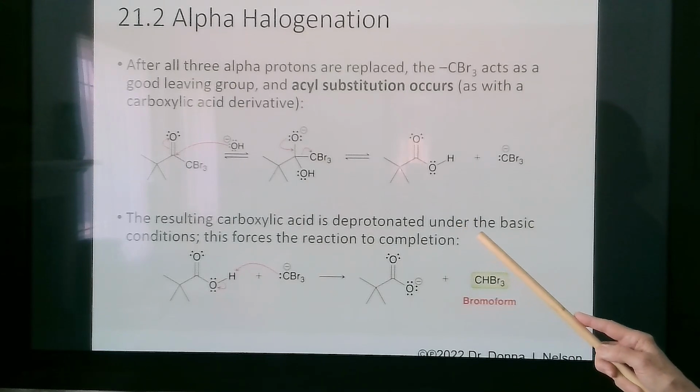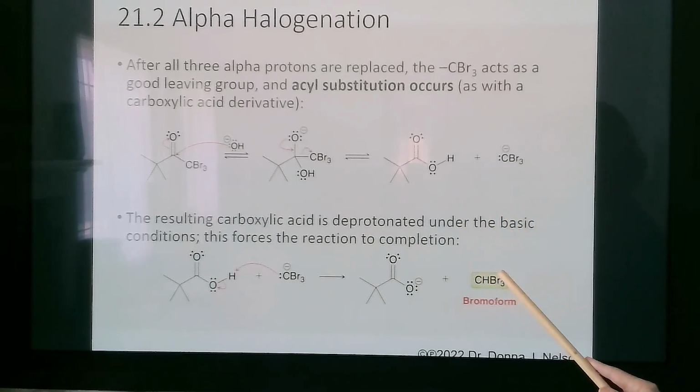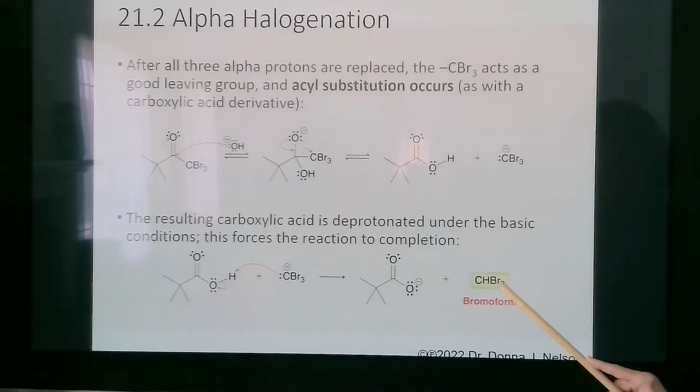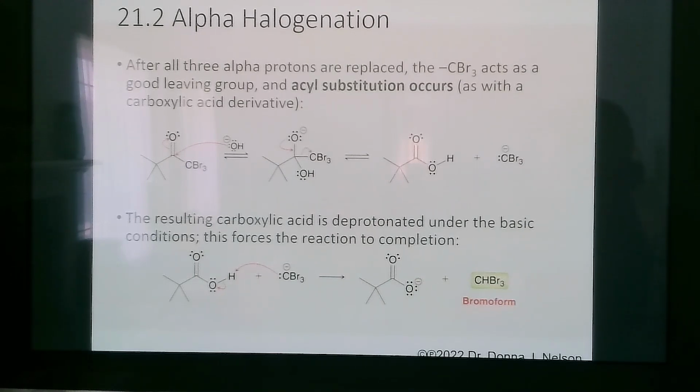This reaction is somewhat important because if you use iodine instead of bromine, you generate iodoform, CHI3. And iodoform can be easily observed when it's formed in the reaction because it forms beautiful yellow crystals shaped like hexagons, 6-membered rings.